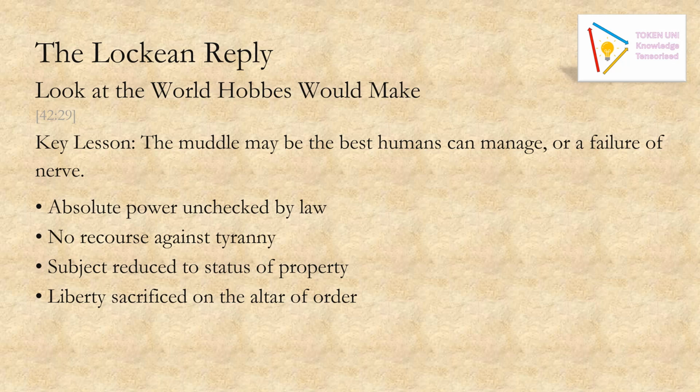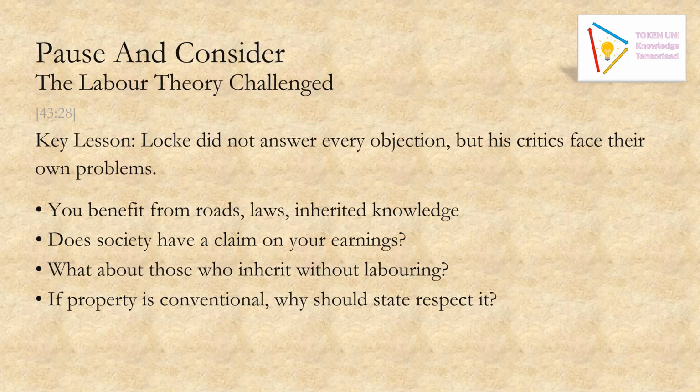Pause and consider. Before we move on, let me leave you with a question. Locke grounds property in labor. You own what you have worked for. This has intuitive appeal.